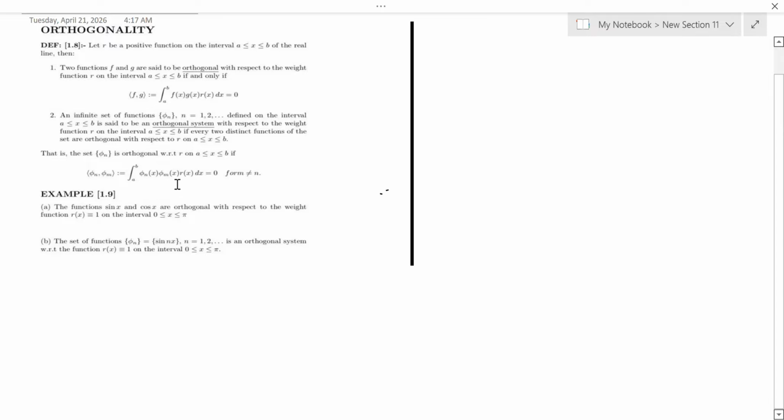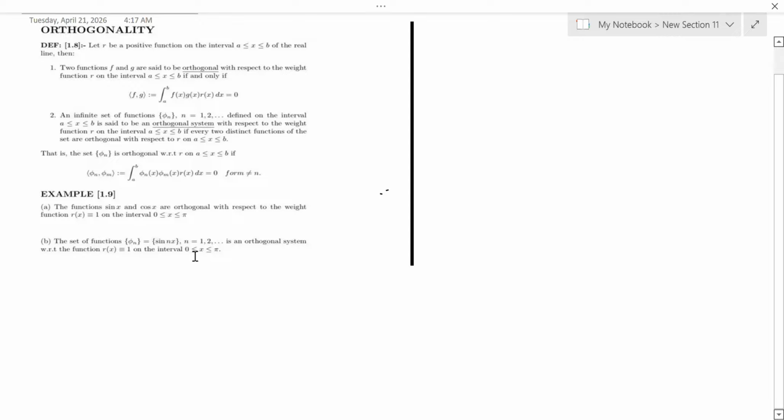So these are distinct functions. Your phi of n and phi of m are arbitrary functions from this set. You understand? They are arbitrary functions from this set, and you pick them and show that they are orthogonal, and it's enough to show that this set forms an orthogonal system.